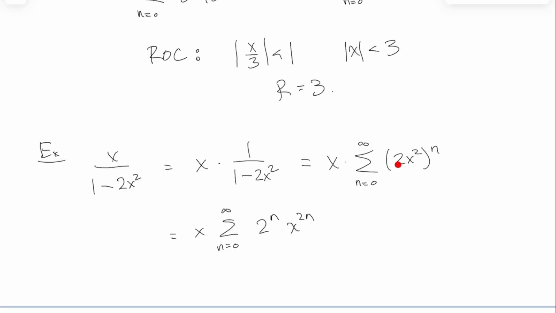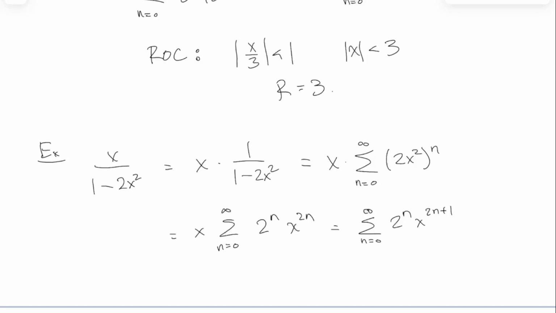An nth power like that, you do nth power on each of those two things, and when you do it on the second one, x squared to the n, you multiply exponents, so it's x to the 2n. Great, and then just to put everything inside the summation so that it looks like a pure power series, it'll say 2 to the n x to the 2n plus 1. All right?